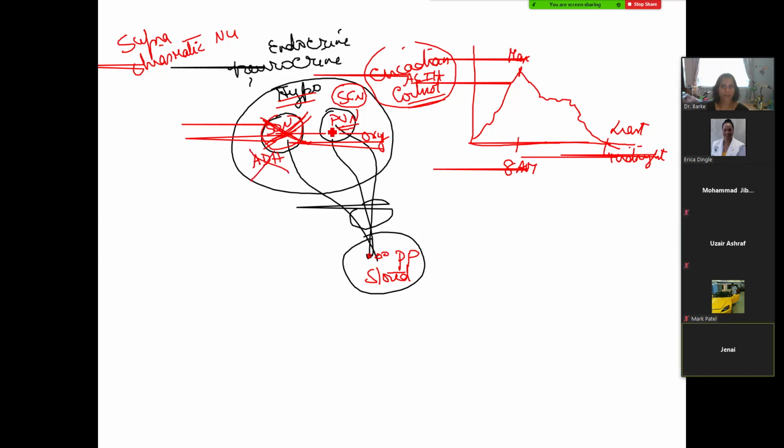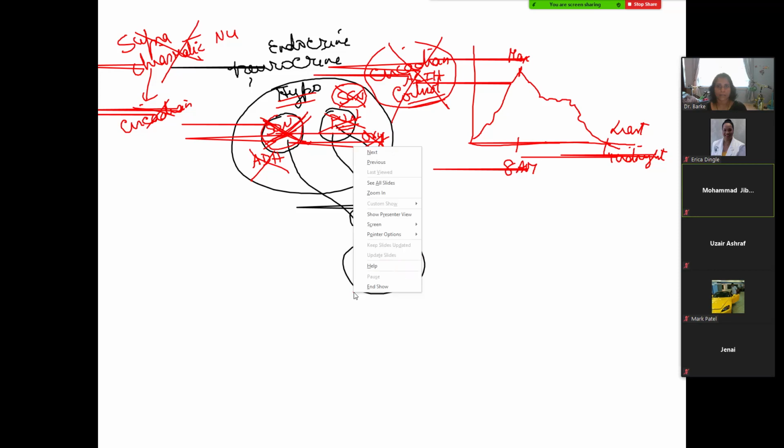ADH. If paraventricular is affected, oxytocin release is affected. If the suprachiasmatic nucleus is affected, what gets affected? The circadian rhythm, the diurnal variation gets affected. So suprachiasmatic lesions can interfere with the circadian rhythm. Okay, so that's about the examples.